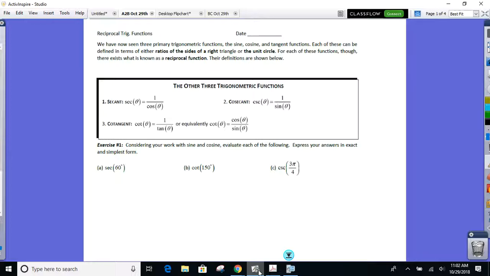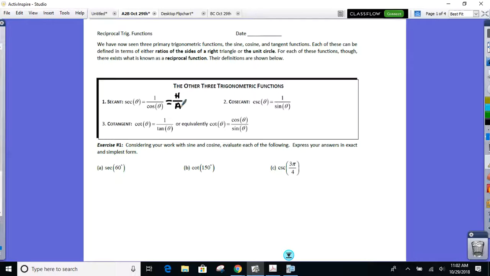What's cosine as far as SOHCAHTOA? Adjacent over hypotenuse. Flip it. Guess what secant is? Hypotenuse over adjacent.